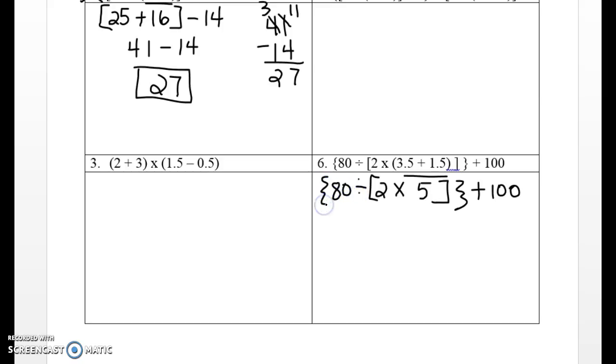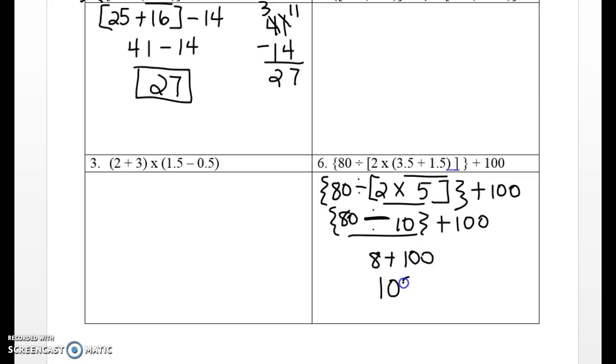And then 2 times 5 is 10. And then 80 divided by 10 is 8, plus 100, for a total of 108.